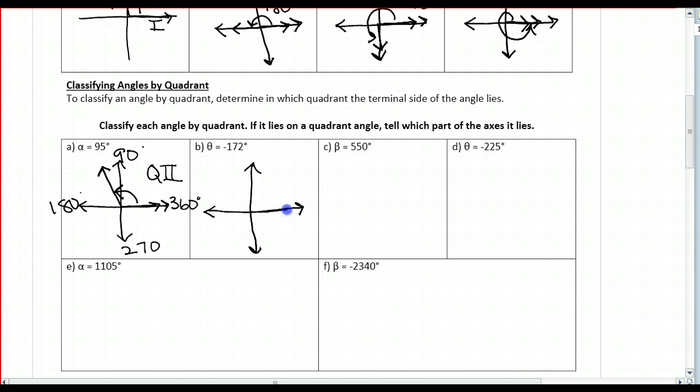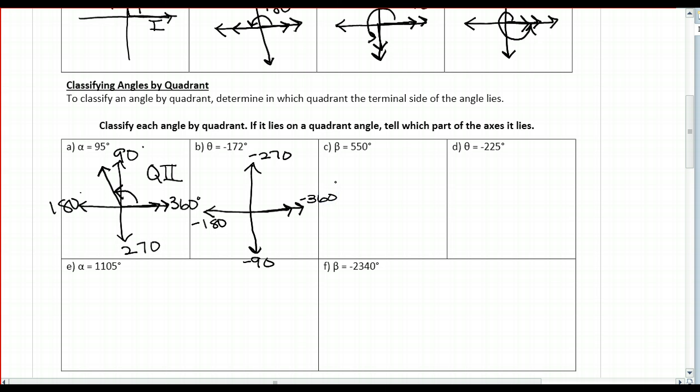Our initial side is still going to begin here on the positive x-axis at 0. Now, instead of opening up our angle counterclockwise, we're going to open up clockwise. So now this is negative 90, negative 180, negative 270, and negative 360.